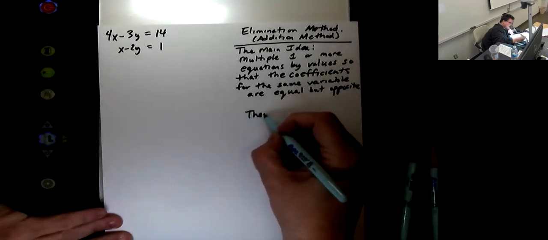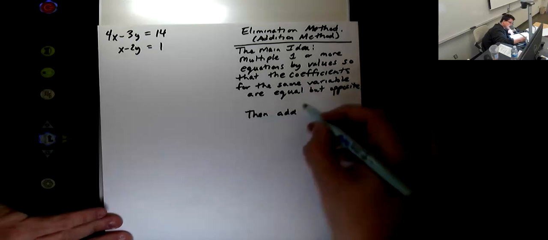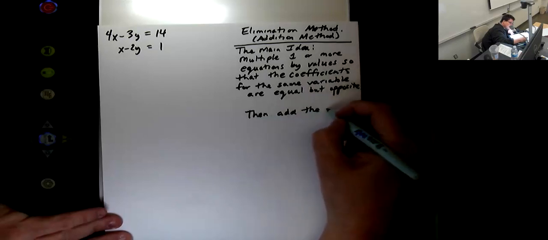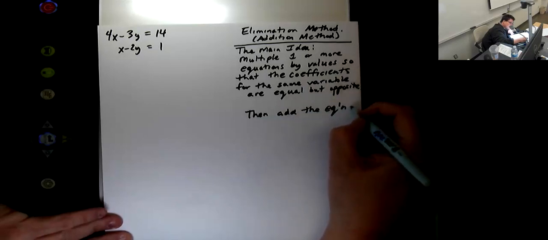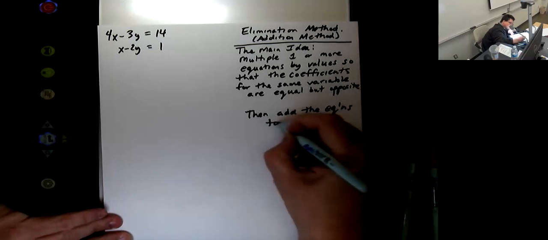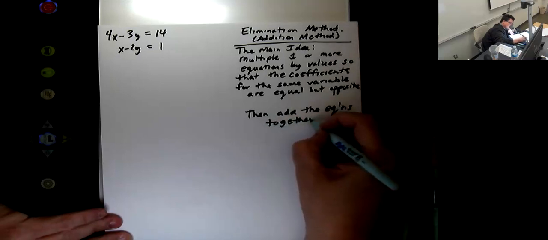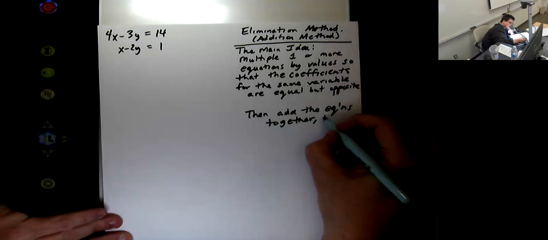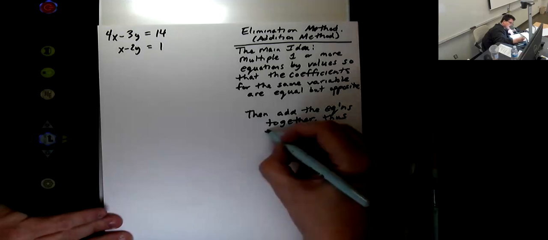Then add the equations together, thus eliminating that variable.